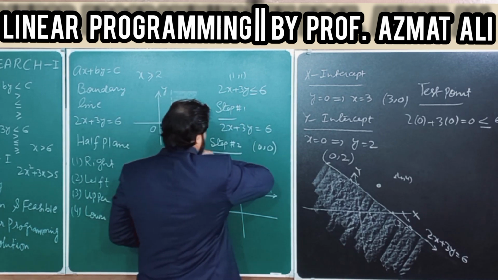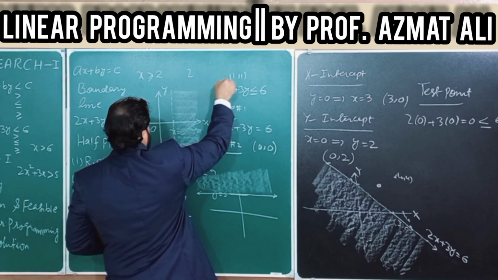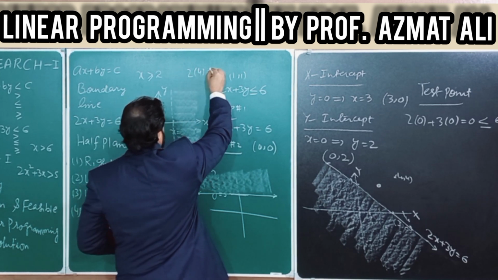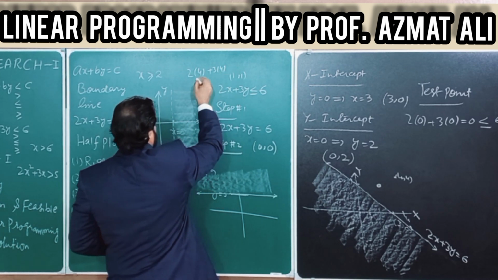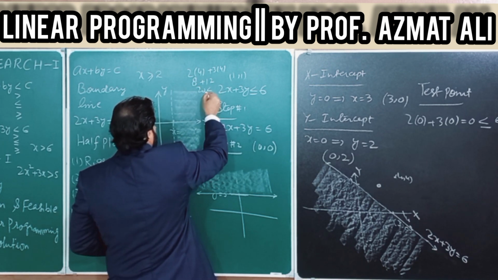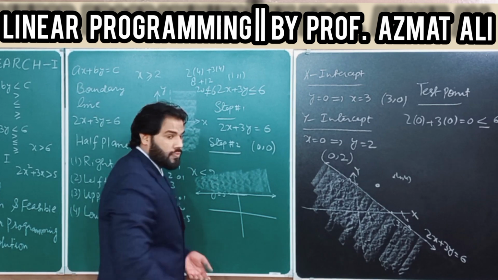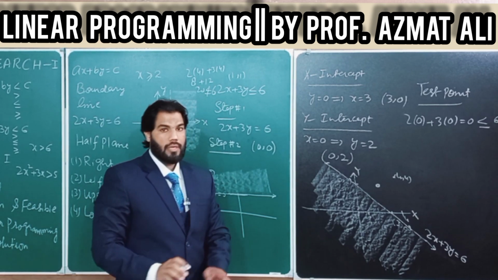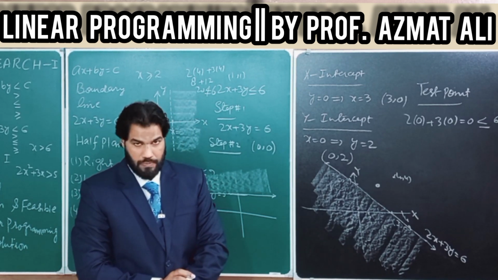You can notice that when you put x equal to 4 and y equal to 4 here, this will become 8 plus 12, that is 20, and 20 is not less than or equal to 6. So (4, 4) cannot be a solution of this inequality.